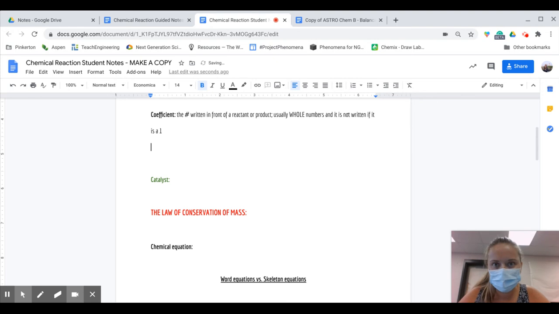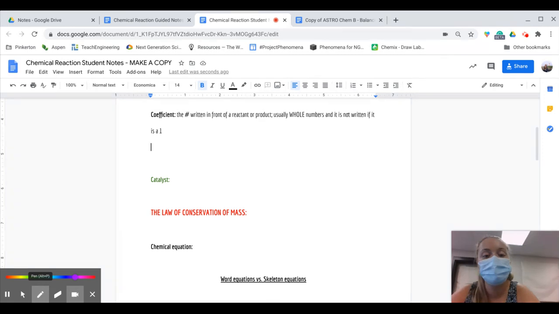So whenever you've seen a chemical reaction, I'm sure there has always been a larger number and then a tiny, tiny number. So our coefficient is the large number. It's the number that's written in front of the reactant or product. It's always a whole number, okay? And if it's 1, it's not written.